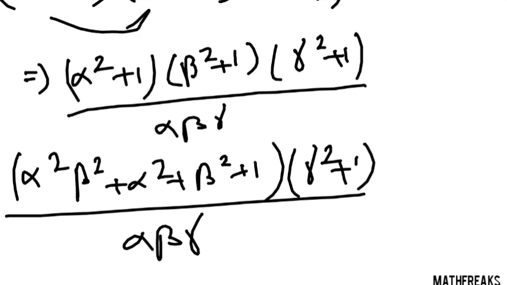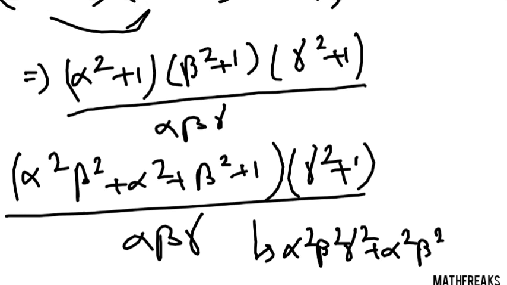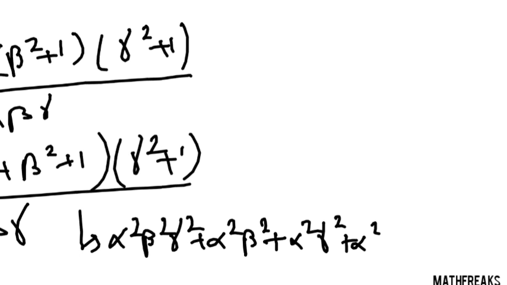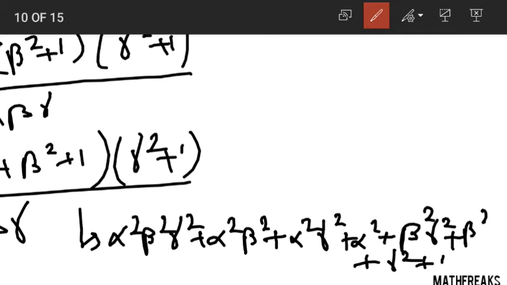So this would be alpha square beta square gamma square plus alpha square beta square, and alpha square gamma square plus alpha square, plus beta square gamma square plus beta square plus gamma square plus 1 upon alpha beta gamma.